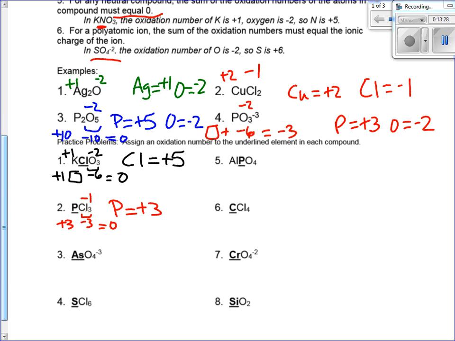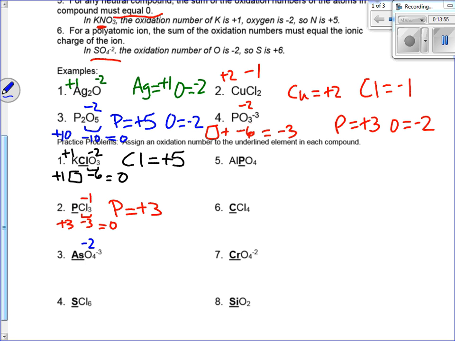And let's do number 3, and then I will have you do 4, 5, 6, 7, and 8 on your own for practice. Number 3 is called arsenate. It's another one of those polyatomics that you don't have to memorize, but it actually exists in nature. Whose charge do I know off the top of my head? Oxygen, because it's always a -2, right?